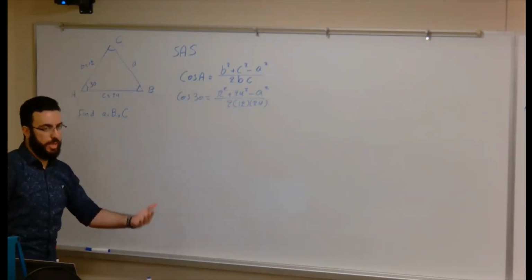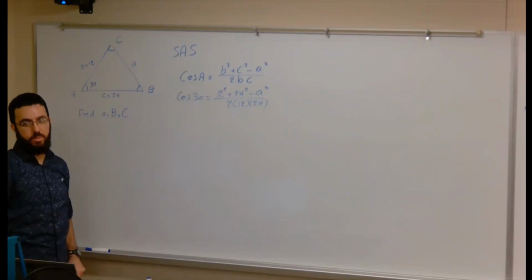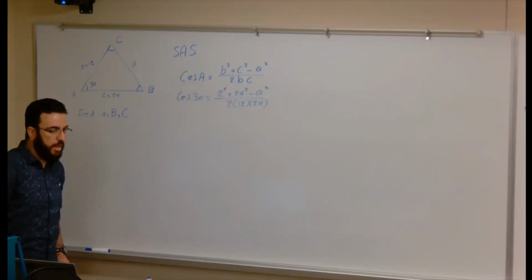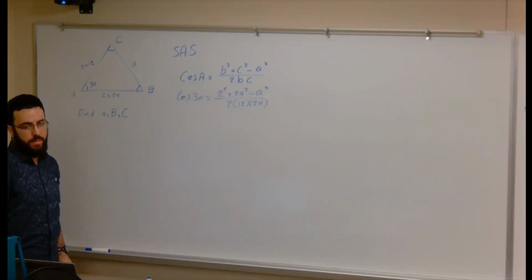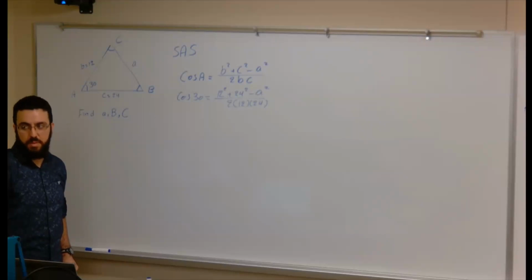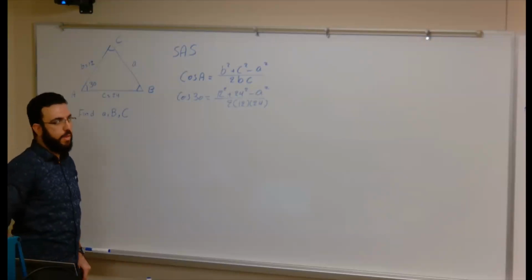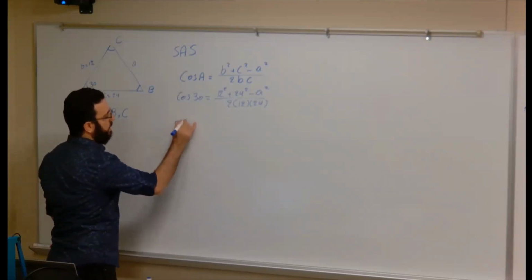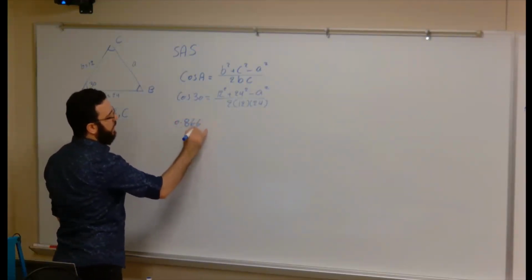Try to use the calculator, it's going to make a mistake. You have to learn: cosine 30 is what? Tell me the number. 0.866, right?